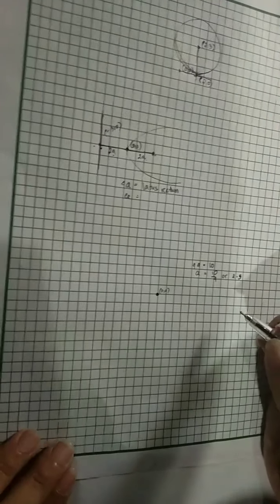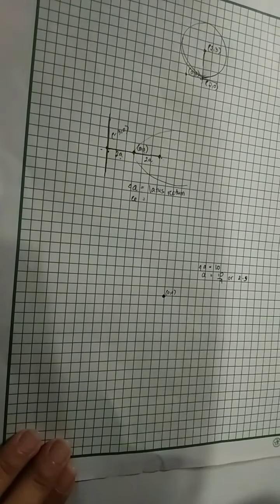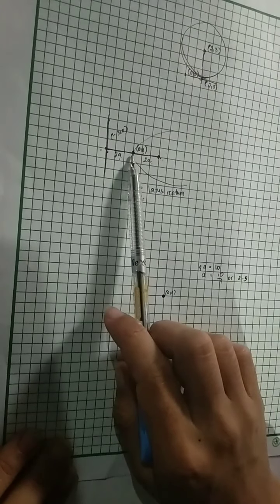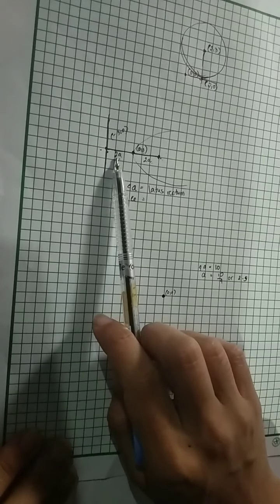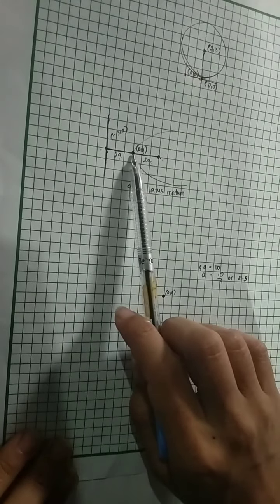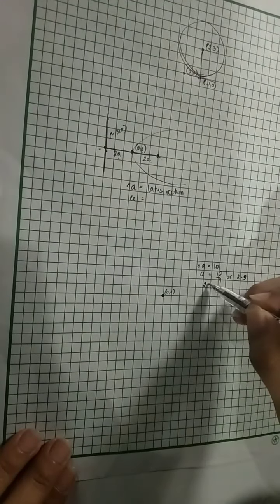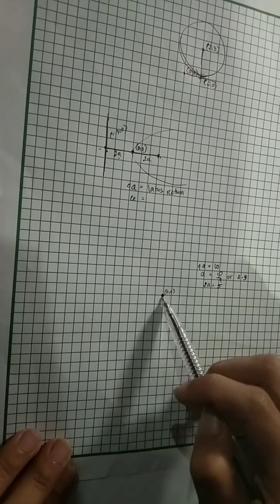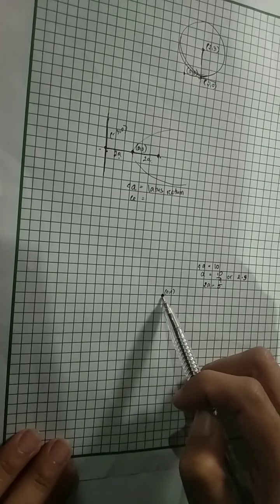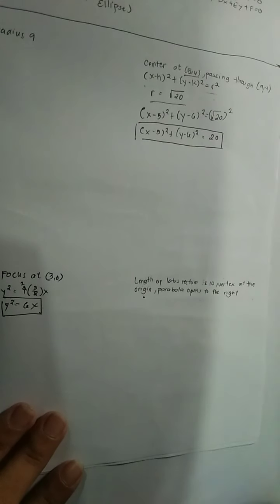Now, if a is 2.5, remember that the length from the vertex to the directrix is a, which is also equal to the length of the focus from the vertex. So our 2a would be 5. So let's move 5 units to the left for our directrix, because it says here that the parabola opens to the right.